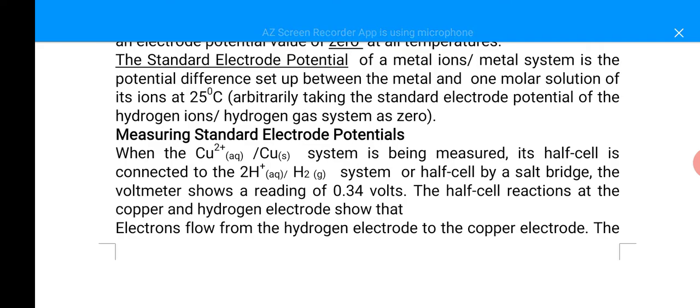Now, when it is connected, it is discovered that the voltmeter shows a reading of 0.34 volts. So this value that is given is the standard electric potential of what? Of copper.